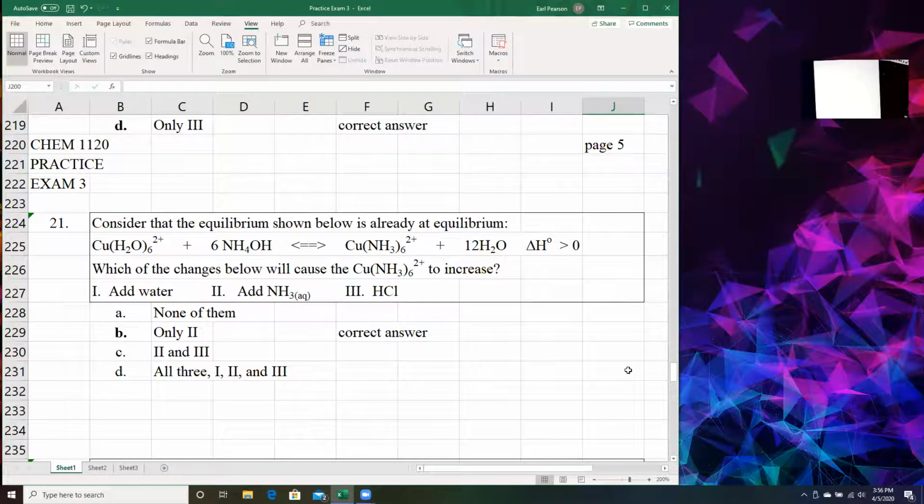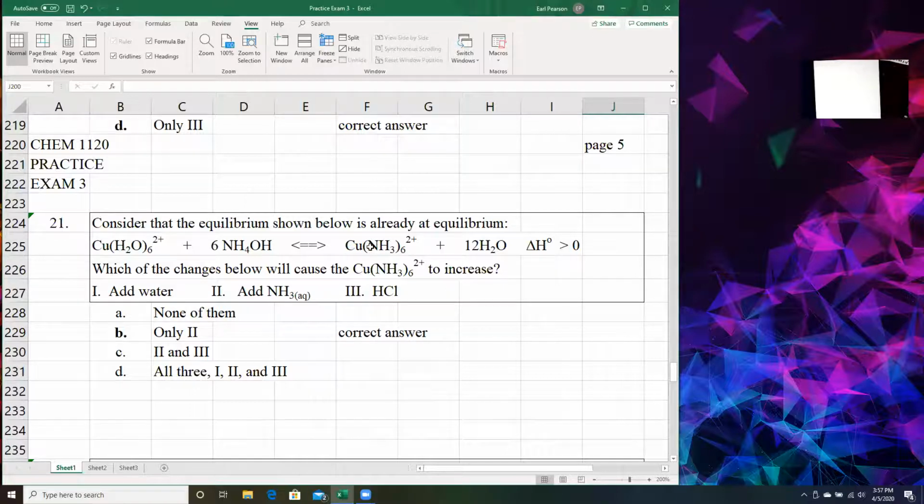Now, which of these changes would cause the ammonia concentration to increase? Well, they would make the product ammonium complex constant, this one, to increase.